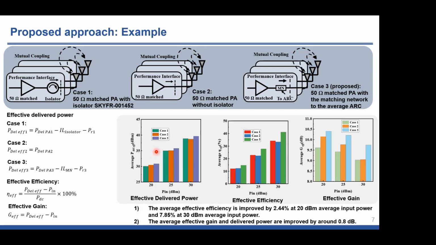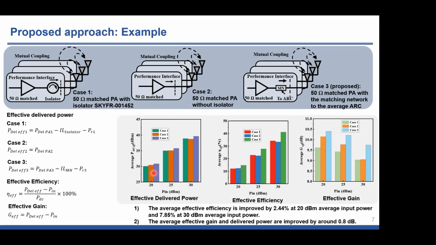The effective delivered power, we can see that in all these three cases, the third case, which is proposed by us, always gets the maximum average delivered power compared to the other two cases. For case 1 and case 2, for each case, we generate different input signals, so there will be a variance in their performance.